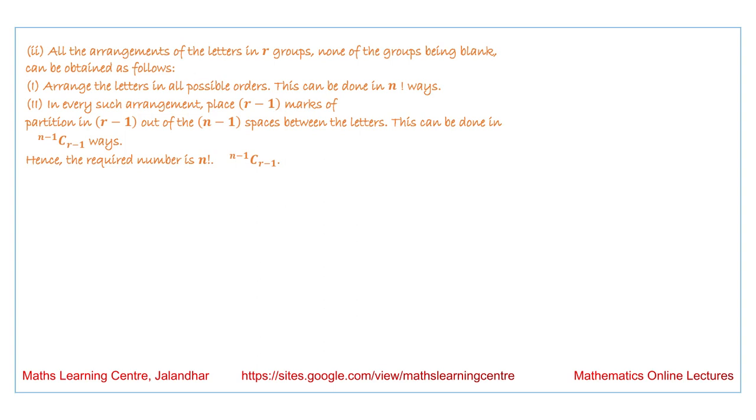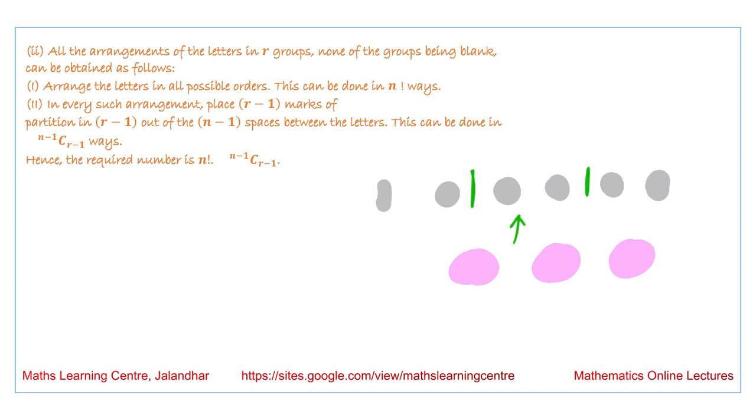In this case, suppose again we have 6 objects: 1, 2, 3, 4, 5 and 6. We want to arrange them in, say, 3 groups. So we want to mark 2 points corresponding to these 3 groups, and we cannot mark a point at the end, because it would correspond to an empty group.